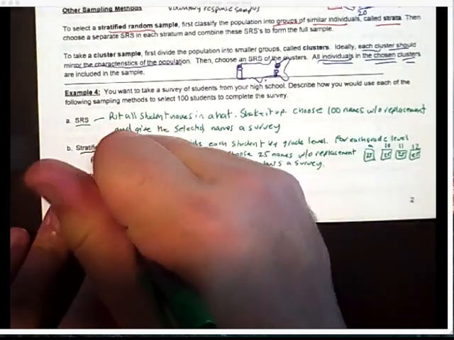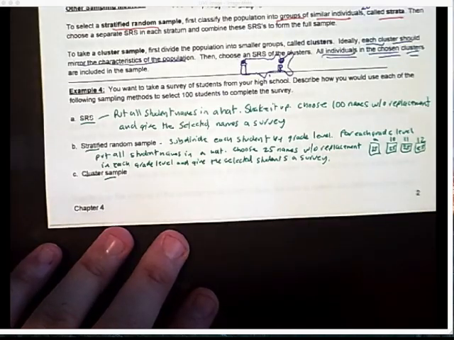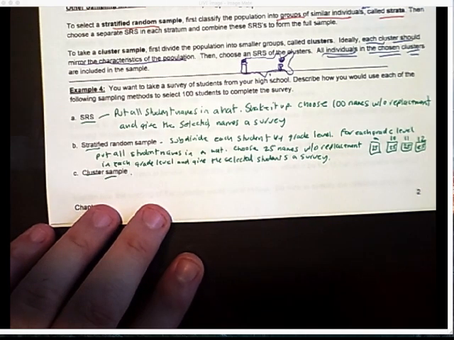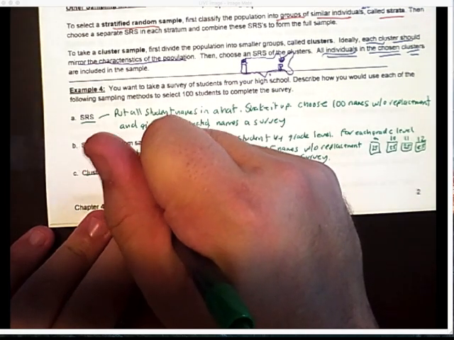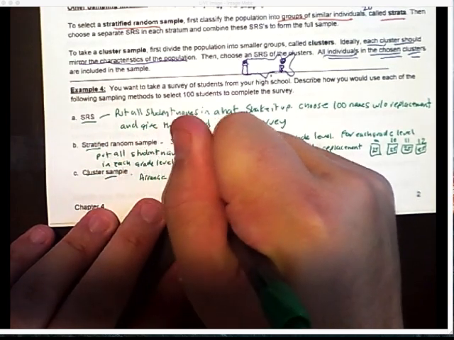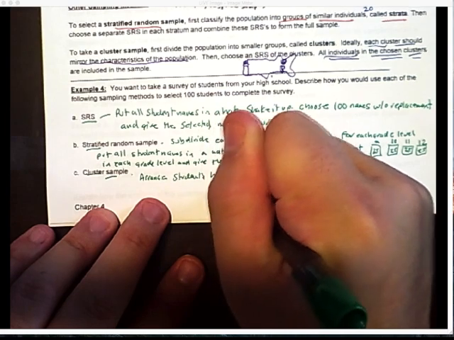All right, how could we make this work with clusters? We're going to arrange students by homeroom. That's one way.